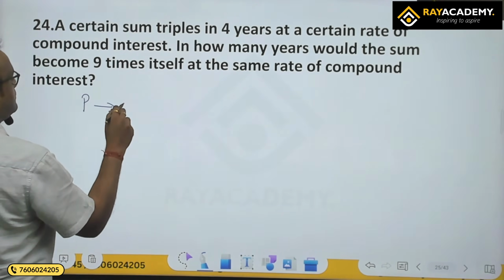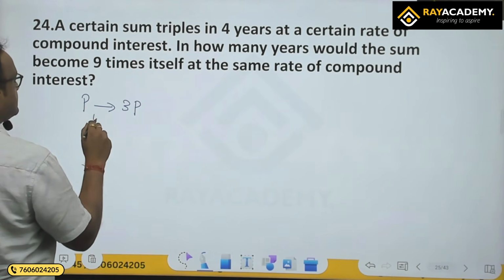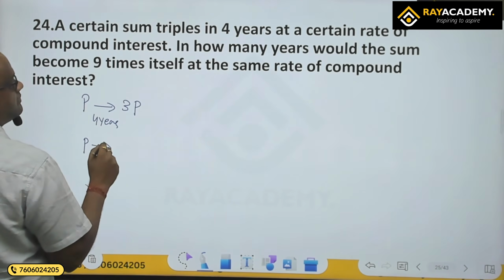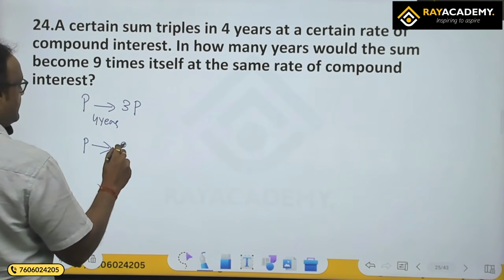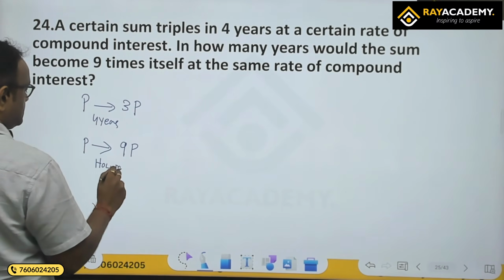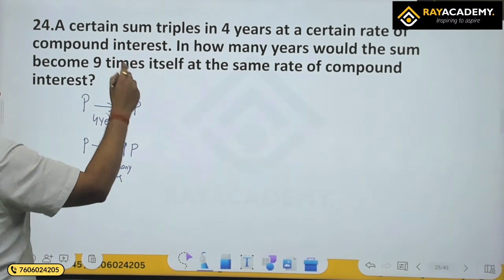P becomes 3P in 4 years. P becomes 9P in how many years? This is the question.